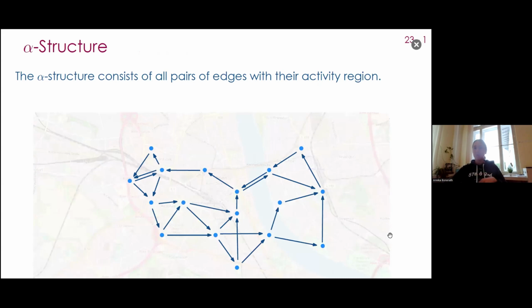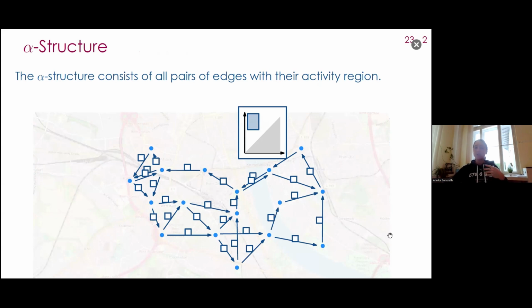In the end, we store all pairs of edges that are active for any time window query, and we associate to each edge this information of the activity region. And this is what our data structure looks like.